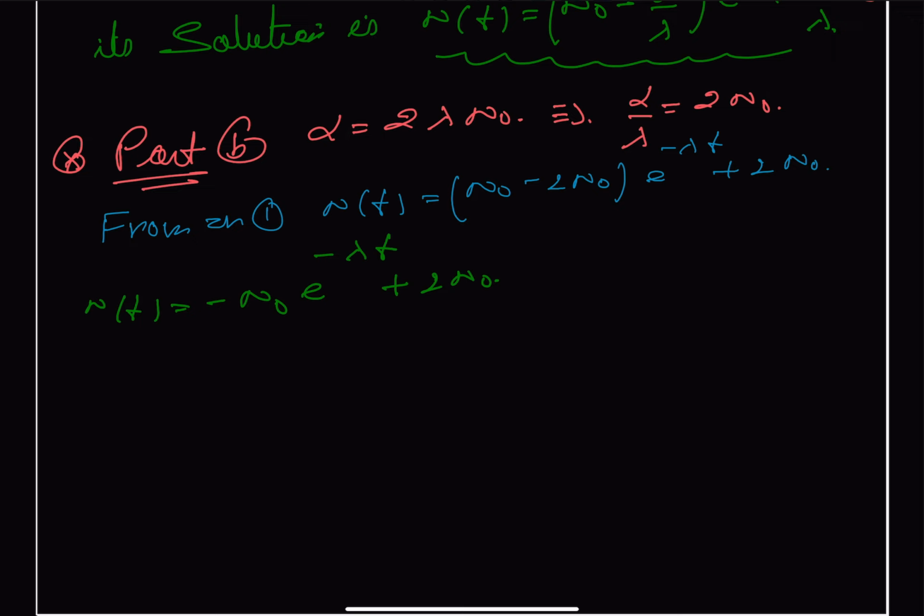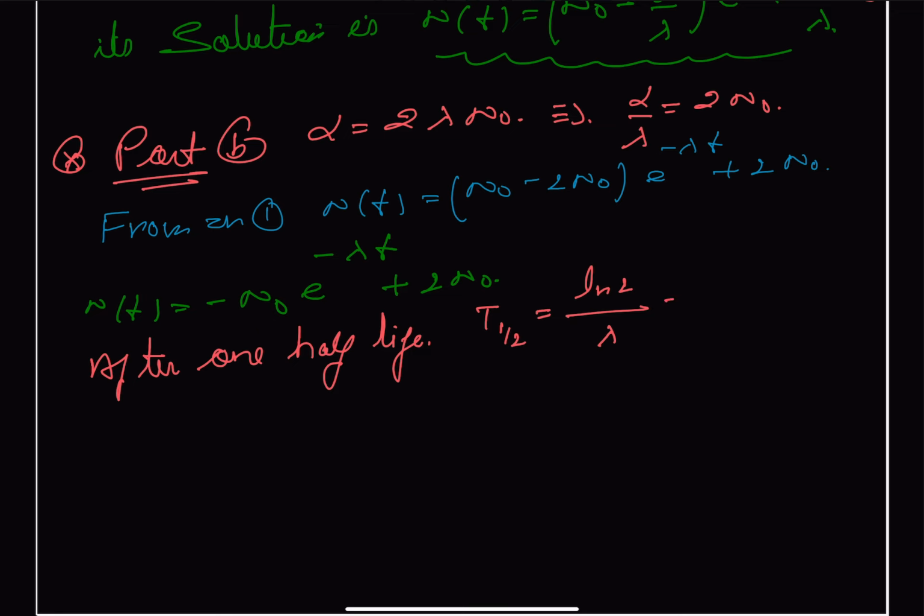And after one half-life, we can write that t half will be equal to natural log of 2 divided by lambda, and this can be written in the exponential form as e raised to power minus lambda t half is equal to 1 by 2.